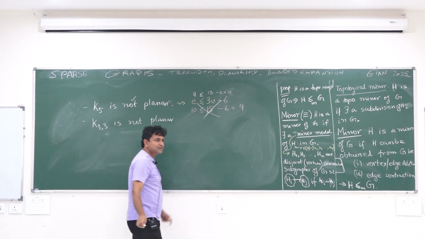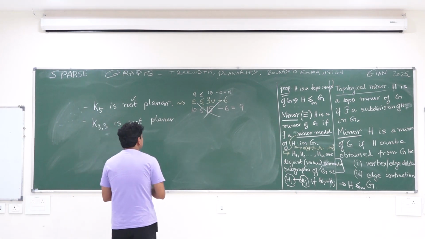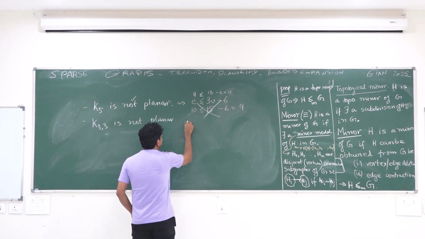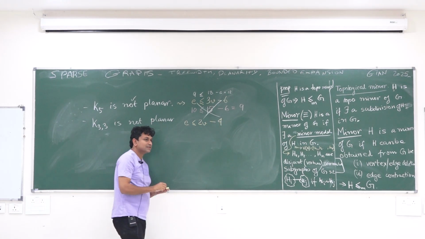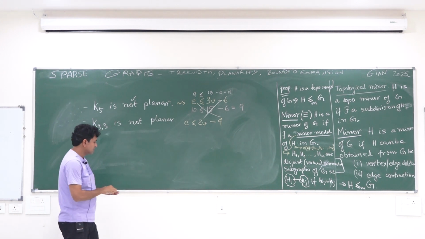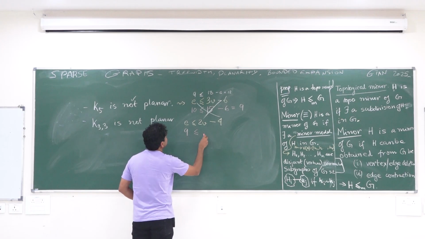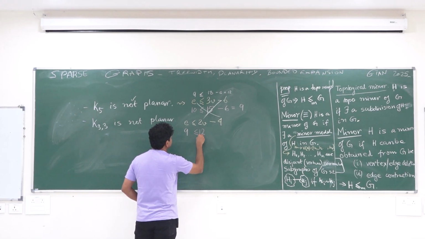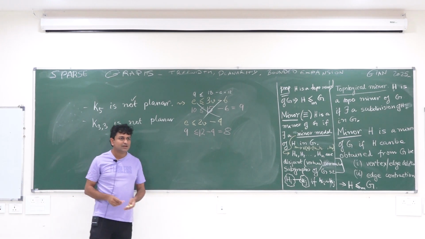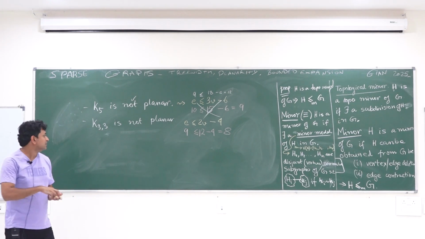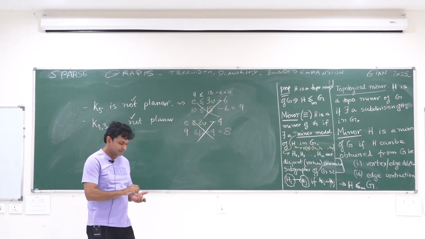This is consistent with the general formula, but if you do it for triangle-free, it is E ≤ 2V − 4. So E is 9, it should be less than or equal to 2 times 6, that is 12 minus 4, but then we get 8. So again, this is not correct. So this must be planar.